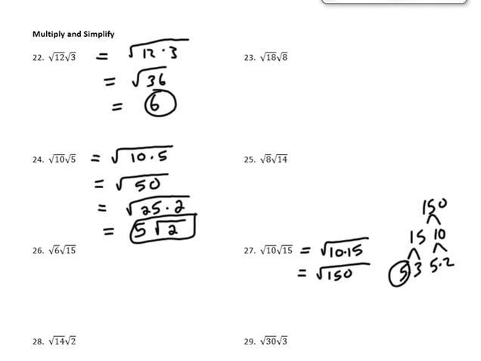Well, here's a 5 and here's a 5. Those 5s are double factors in here. So 5 comes out of the square root, and 3 times 2 is still inside the square root. So that's a 6. If I look at this in terms of perfect squares, 150 is 25 times 6. 6 quarters is $1.50. And I still end up with the same answer at the end.